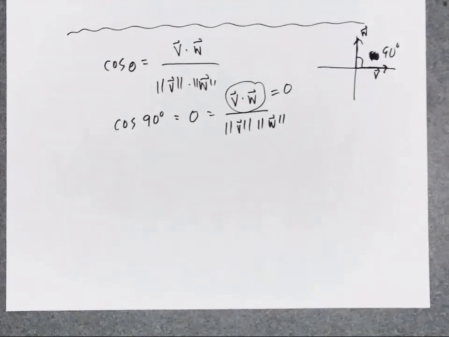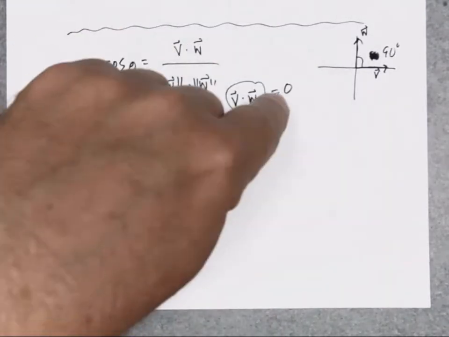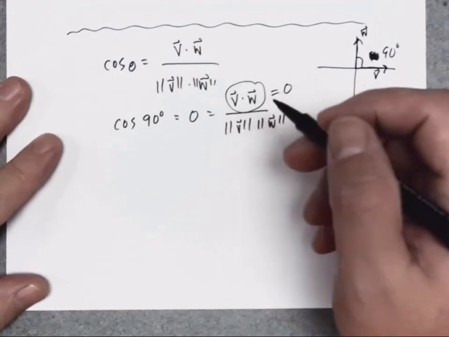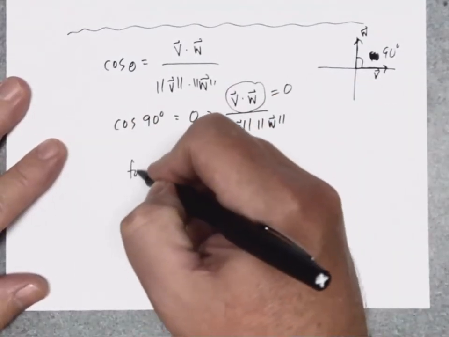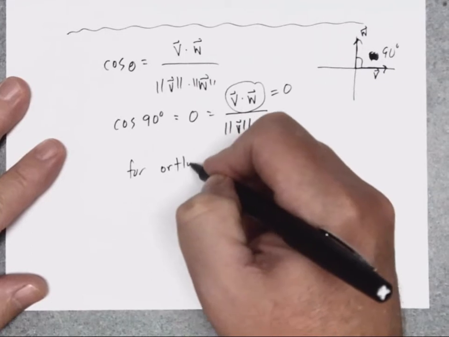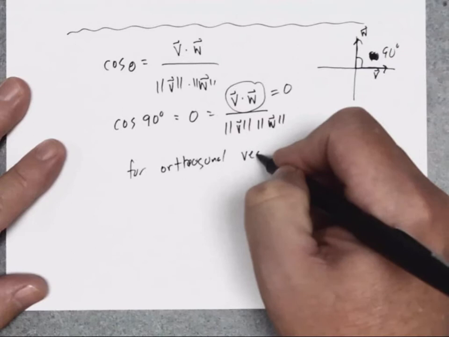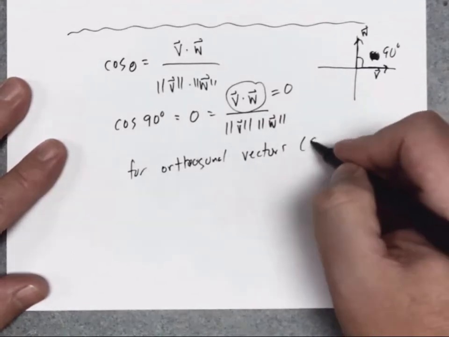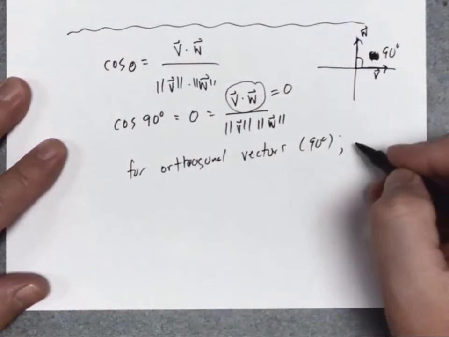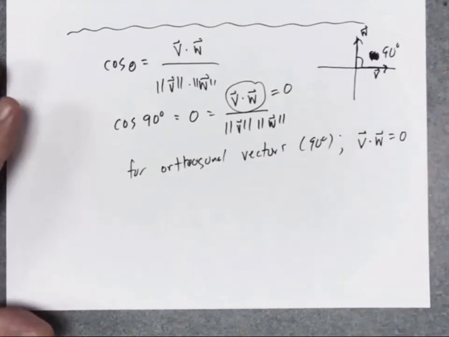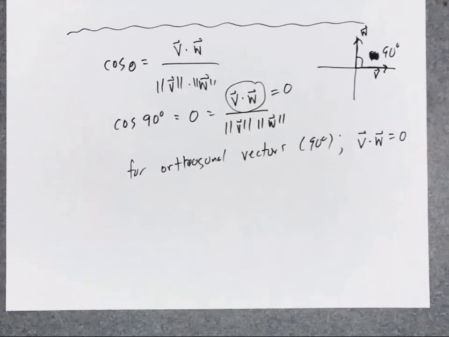However, if the numerator is 0, 0 over anything is 0, and then we know we have perpendicular vectors. So really, I'll call them orthogonal like the book does. For orthogonal vectors, which means 90-degree vectors, the dot product of the two vectors has to be 0.